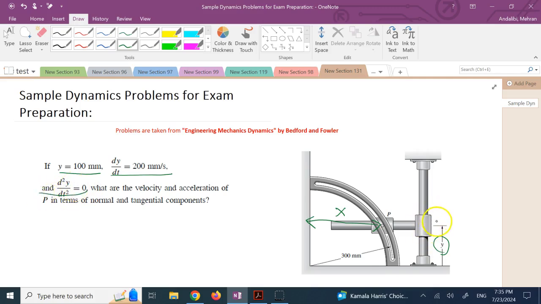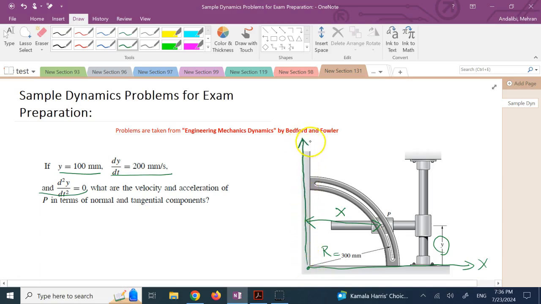So you are moving this slider at a constant speed of 200 mm/s upward, and you are at location Y equal 100. The radius of the semicircle, which is centered at the origin, is 300 millimeters. Okay, so these are your axes.